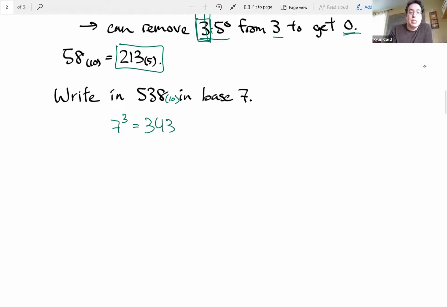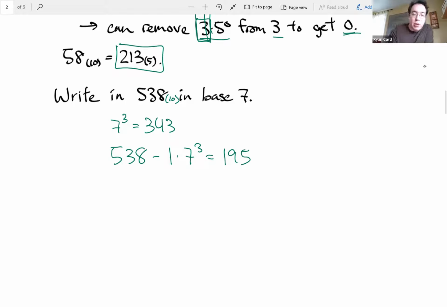So that's the largest power of 7 I can subtract from 538. And I can only subtract 1 copy of that. So 538 minus 1 copy of 7 cubed, we get 195.